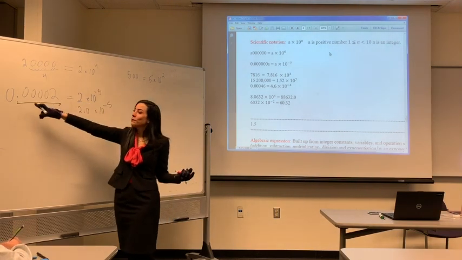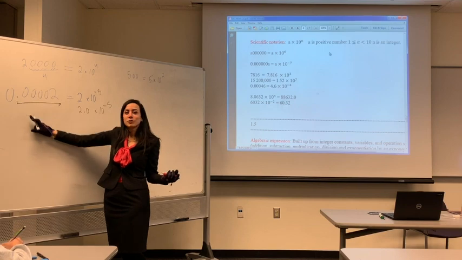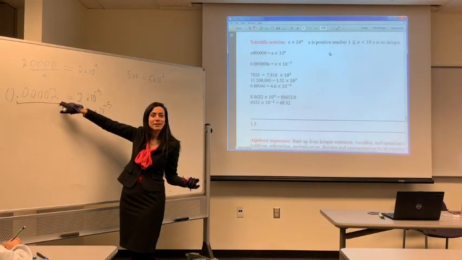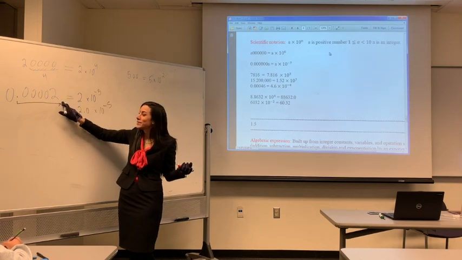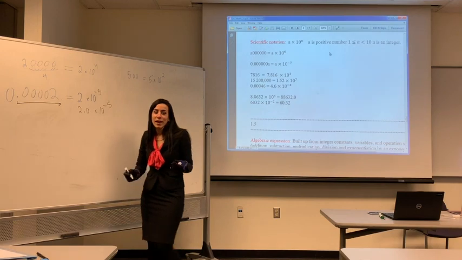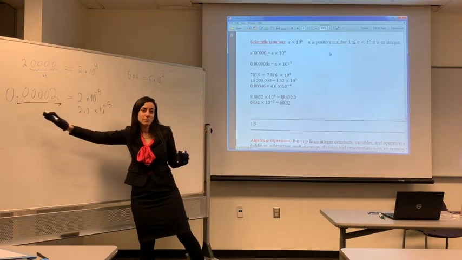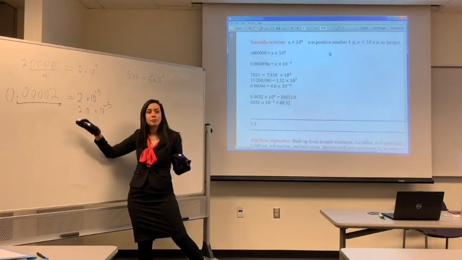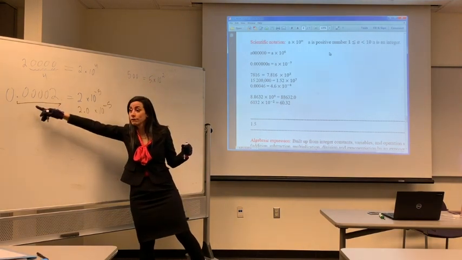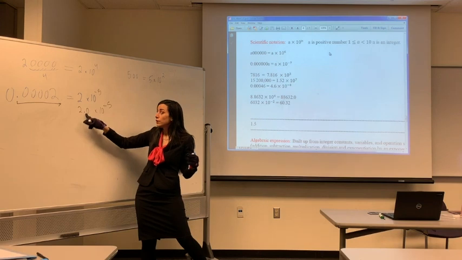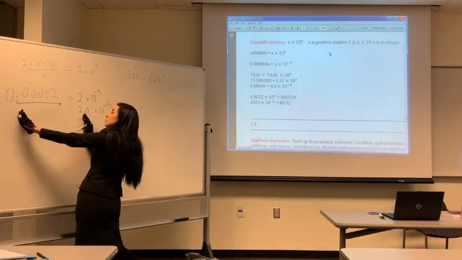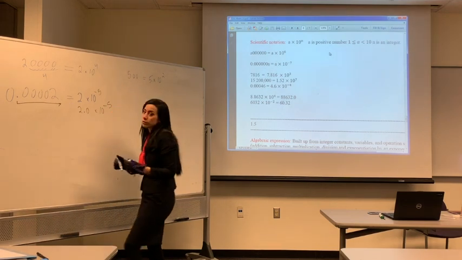So what I did, I moved the decimal to exactly here after 2. That's why I'm counting from this side and saying 1, 2, 3, 4, 5. I have 5 digits that I'm moving the decimal across, between the first location of the decimal and the second, new location. That's why I'm calculating between the 2 locations, the new and the old.